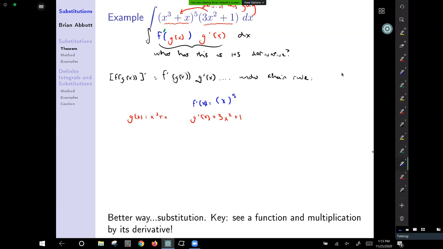Anyway, beside the point, f prime of x equals x to the fifth. How would I find f of x, the parent function that has that as derivative? Well, integration or anti-differentiation. We would just integrate x to the fifth power, and we'd get 1/6 x to the sixth power.